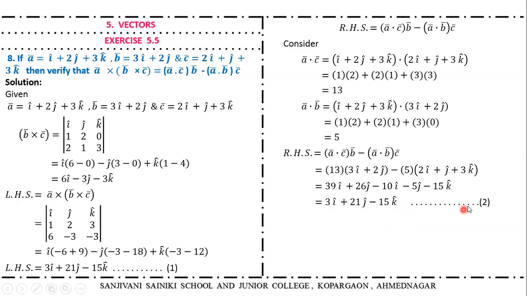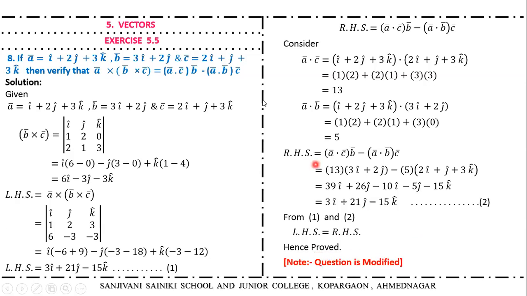It is our equation number 2. Now look at equation number 2 and equation number 1. The right hand sides of these two equations are the same. That means from equation 1 and 2 we conclude that the left hand side is equal to the right hand side, hence it is proved.